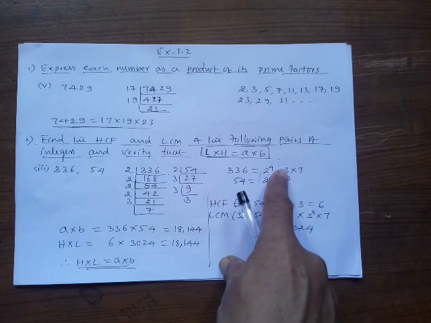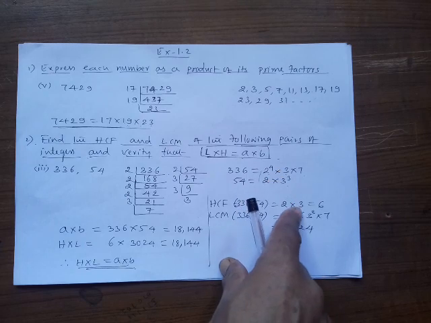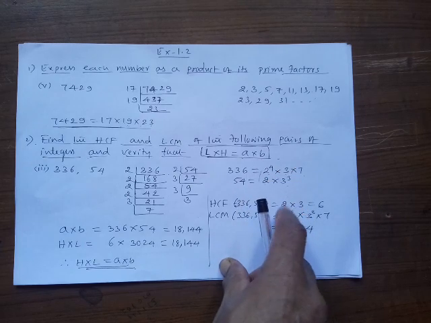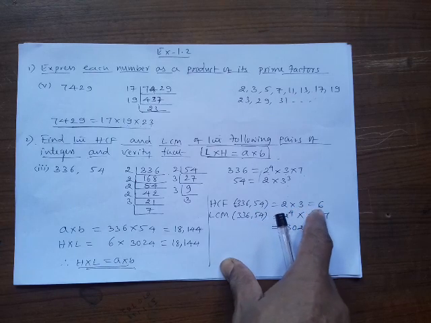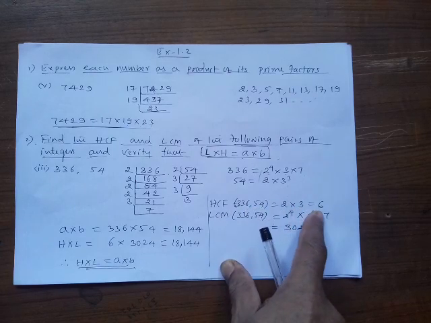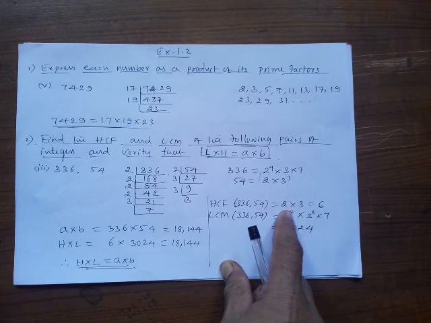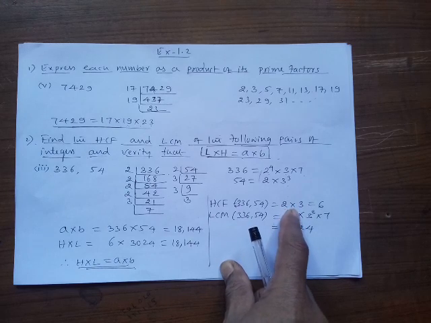Next common prime is 3. Least power is also 3 power 1. So the HCF of 336 and 54 is 6 according to that rule. What is that rule? You have to find the product of the smallest power of each common prime factor in the numbers.